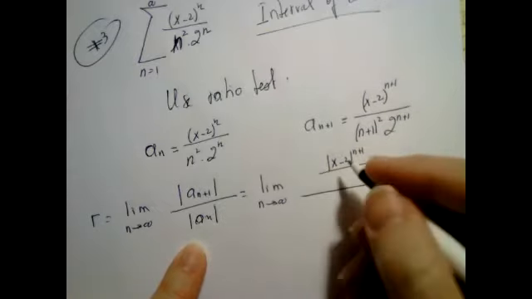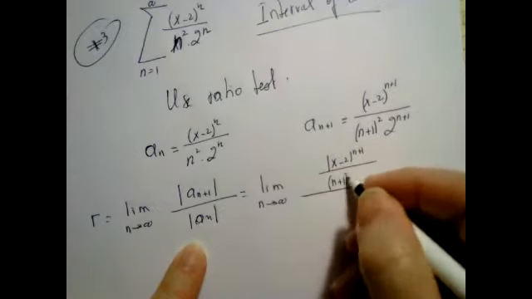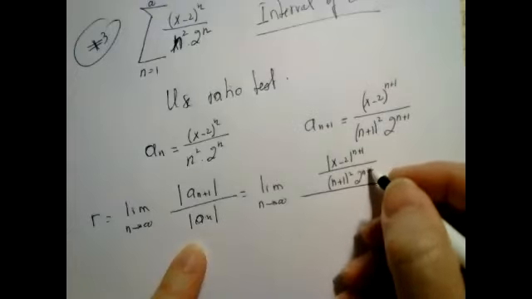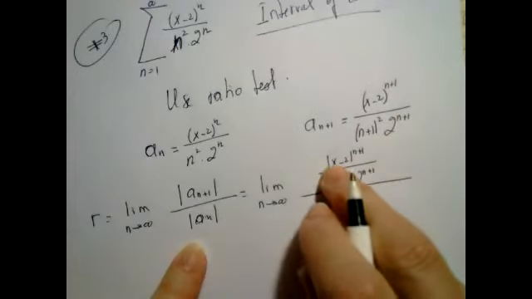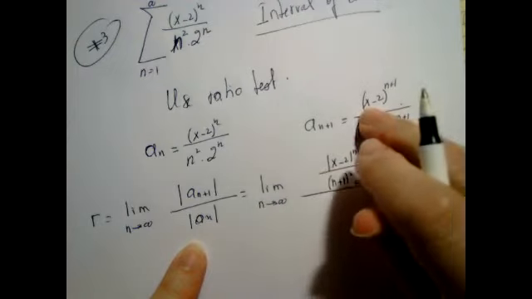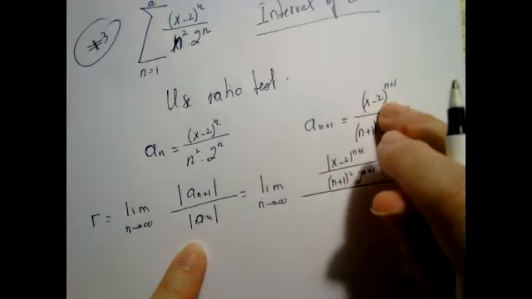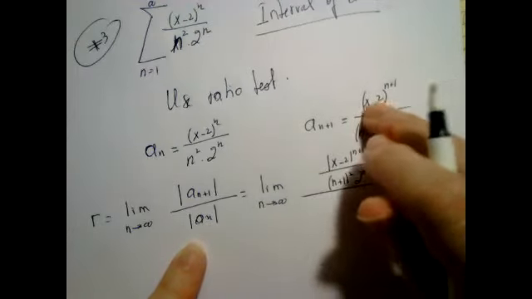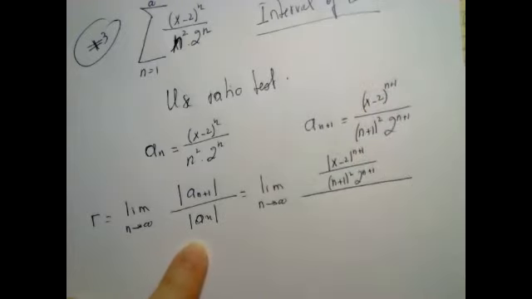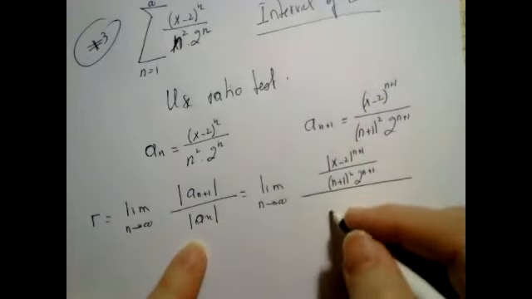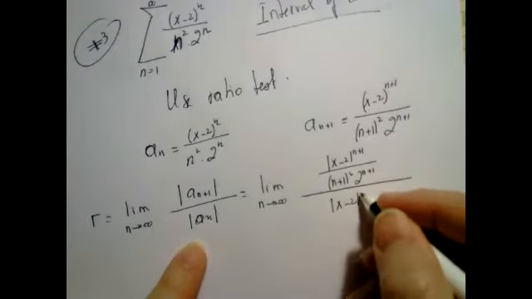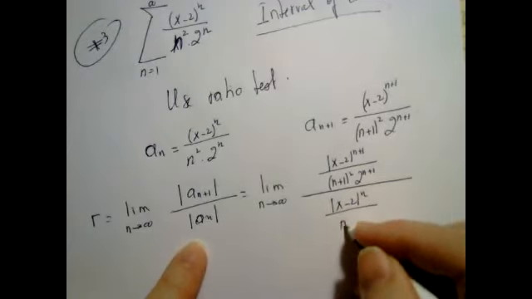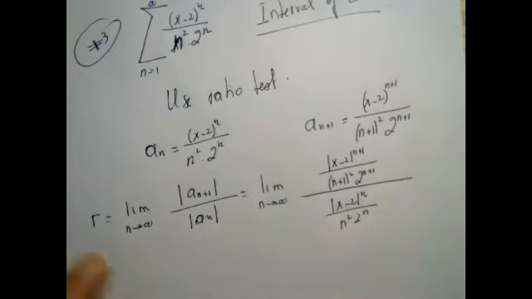The denominator is positive, so the absolute value does not play any role. But the numerator, it plays because x can be less than 2. So like x could be 3. And this can cause this expression to be negative. So I have to take the absolute value. And down here, it's (x minus 2) to the n over n squared 2 to the n.